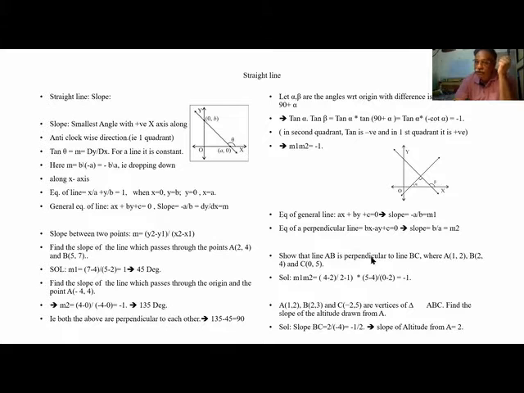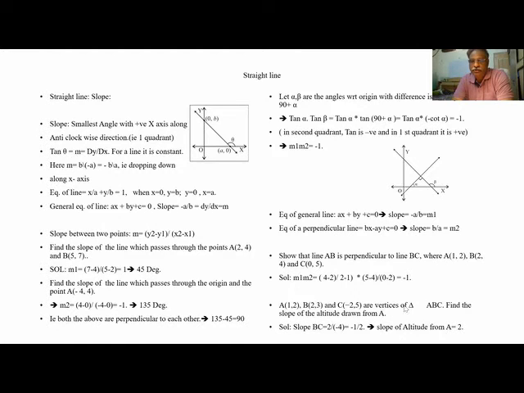So I have proved AB is perpendicular to BC. We can also prove it another way: AB square plus BC square is equal to AC square. That is distance wise, but slope wise, m1 m2 is minus 1. Both ways can be proven.